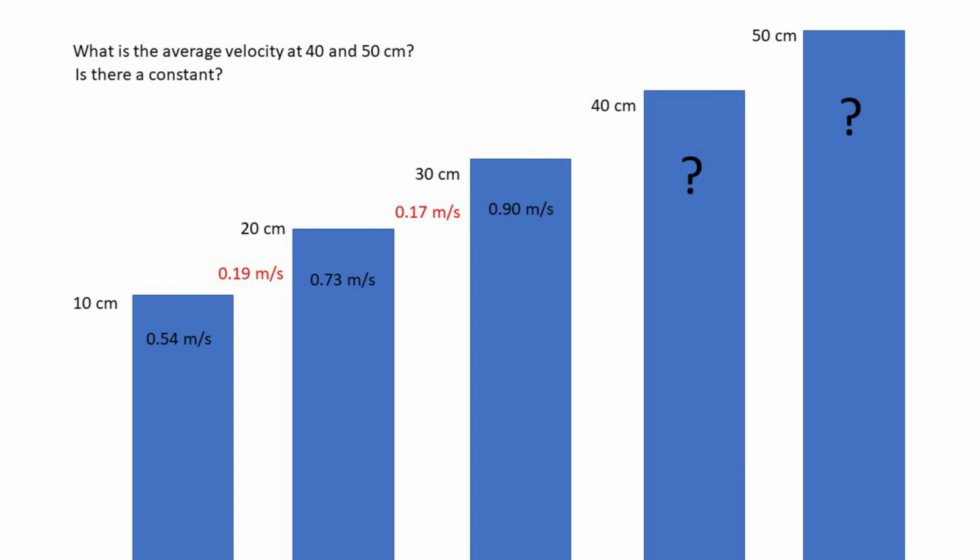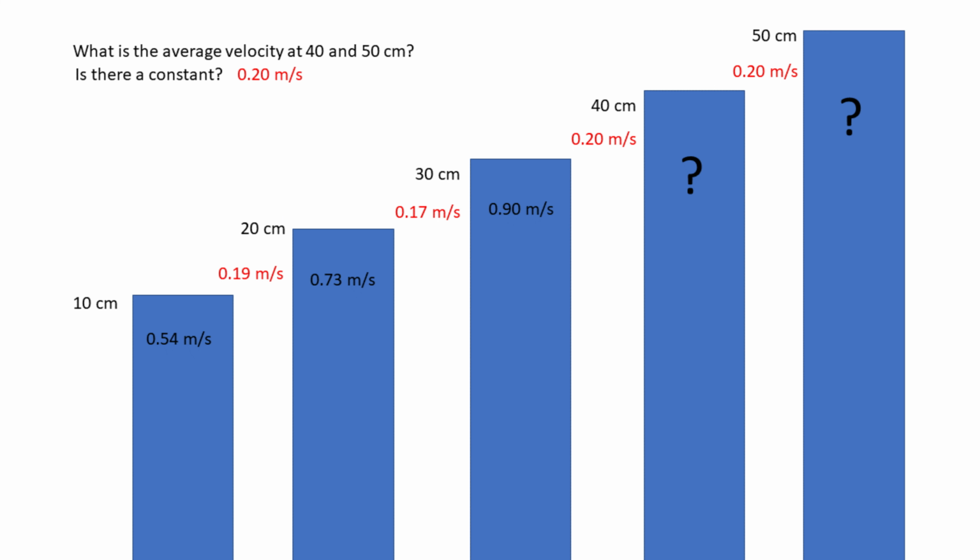And from 20 centimeters to 30 centimeters, nag-increase siya ng 0.17. So, gagawin natin yung 0.19 and 0.17 is most likely equal to 0.20 meters per second. So, yung 0.20 will serve as our constant to get yung average velocity of 40 and 50 centimeters.